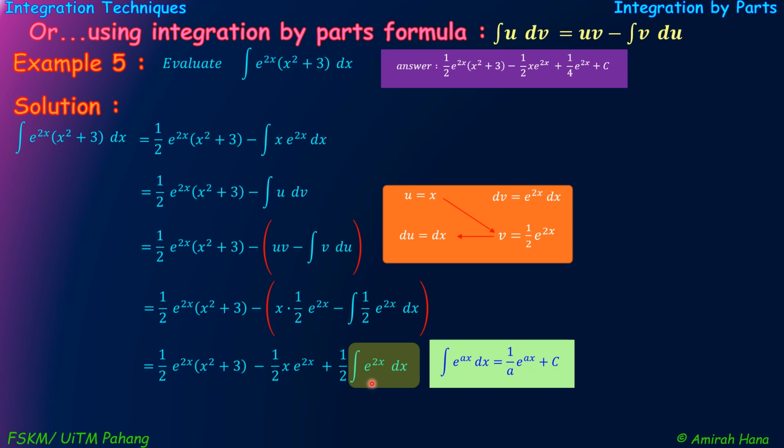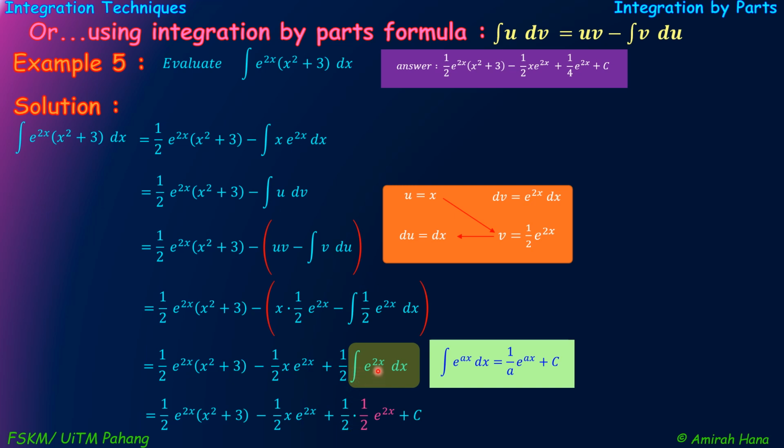So to integrate e to x dx, we still use the same formula, which is the integration of e to the ax dx equals 1 over a e to the ax plus c. After we integrate, we still have half e to x squared plus 3, because there is no integration sign, and we still have minus half x e to x, and then plus the constant half in front.